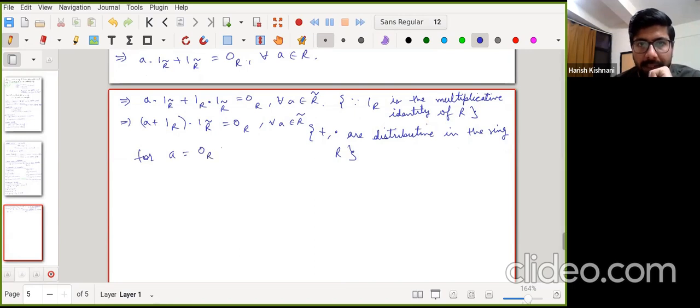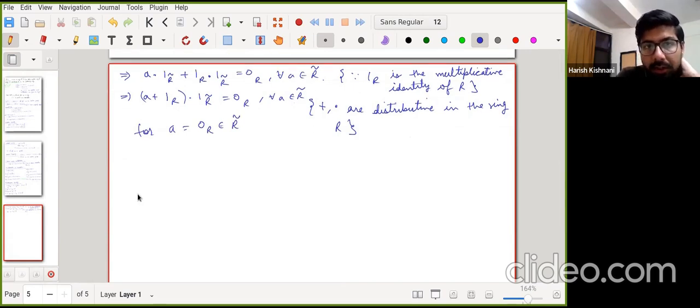This is also inside R tilde because this is inside R. So if I choose my A to be this, then I will get 0 of R plus 1 of R dot 1 of R tilde to be 0 of R, right?